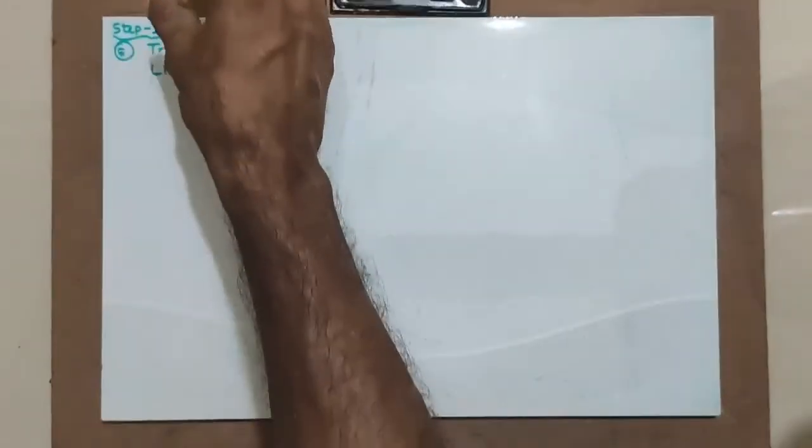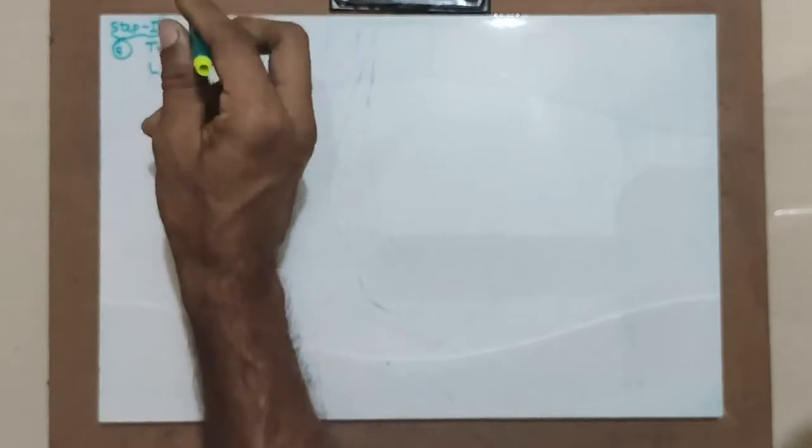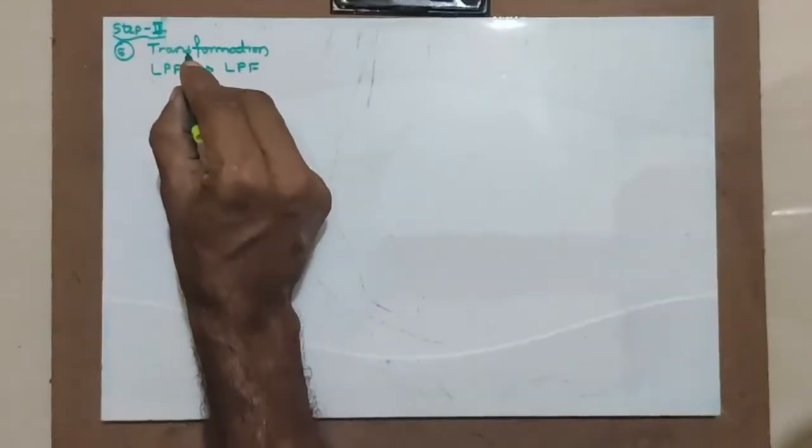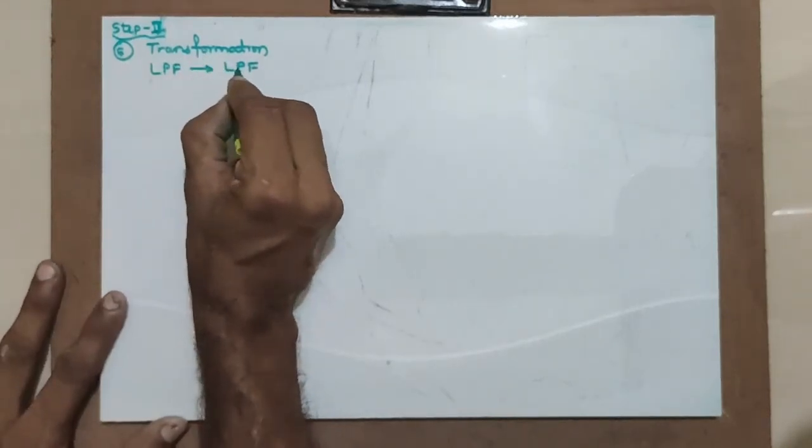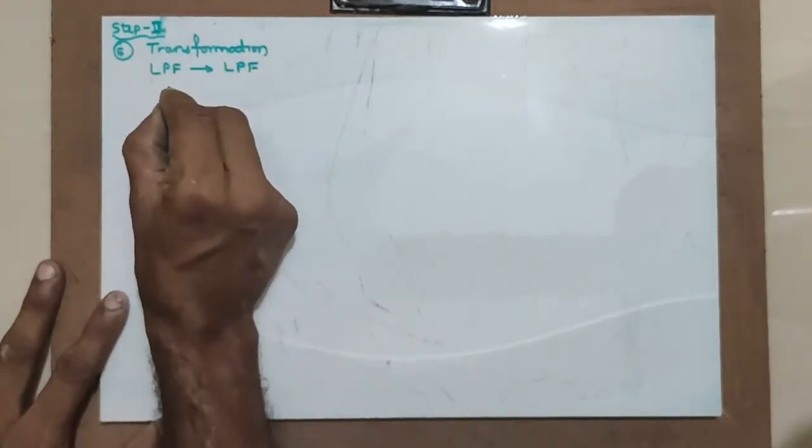Okay, let us continue to the next board, where I am in step 2, fifth step, where I am supposed to do the transformation. What kind of transformation? Low pass filter to low pass filter transformation. What is the meaning of this? In the previous step you got h of s.